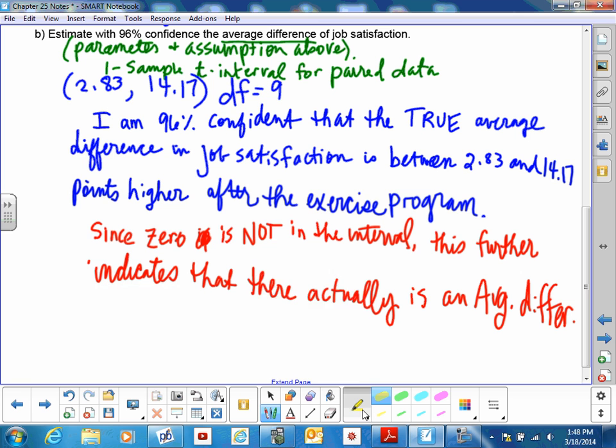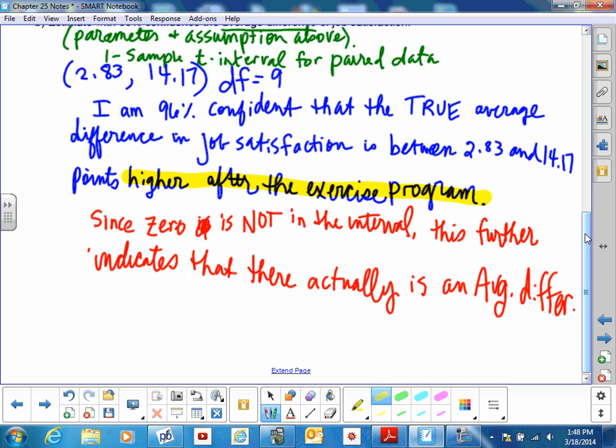You might not have had this, but what this indicates is which one is the higher. If you don't put that, you're not saying which one is higher and what happened. And since this is about a difference, since 0 is not in the interval, this further indicates that there actually is an average difference.